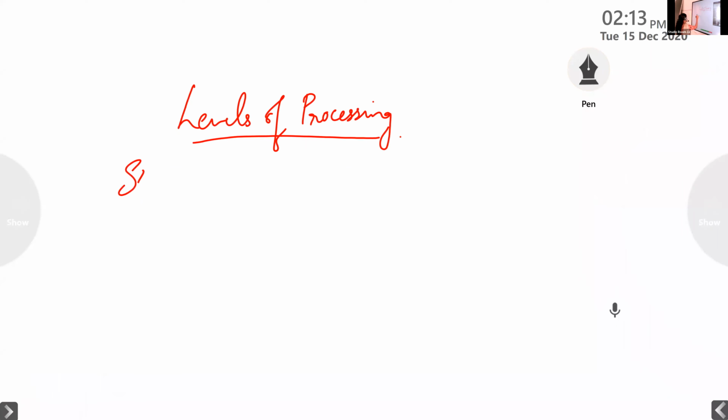One is shallow processing, the other one is deep or deeper. Basically we say two levels of processing, shallow processing as well as deep processing. The thing you have to remember about this theory is that levels of processing was kind of an opposition to the stage model.